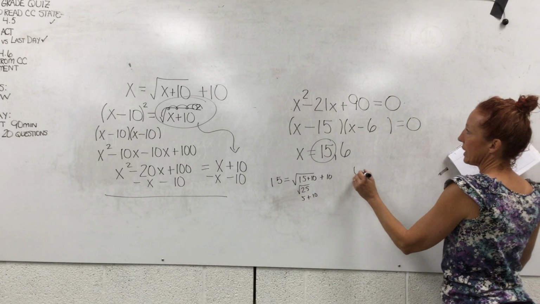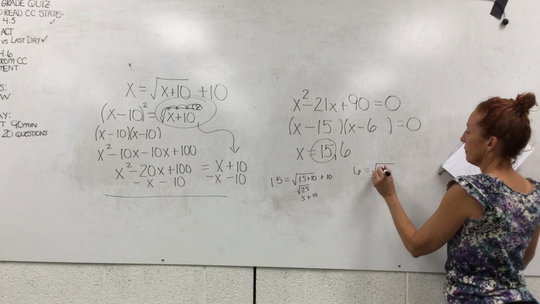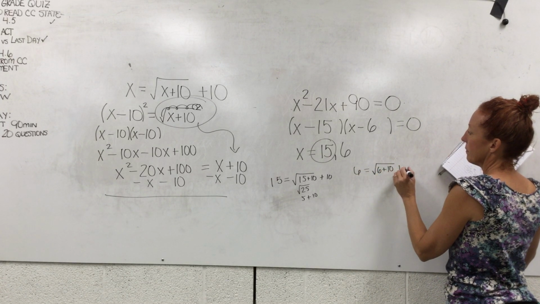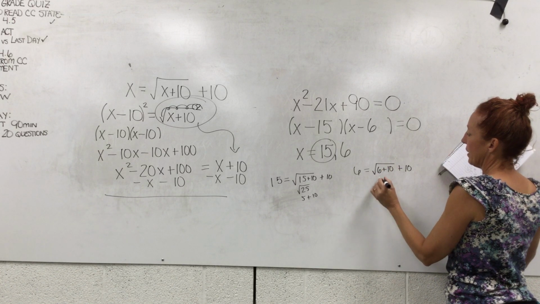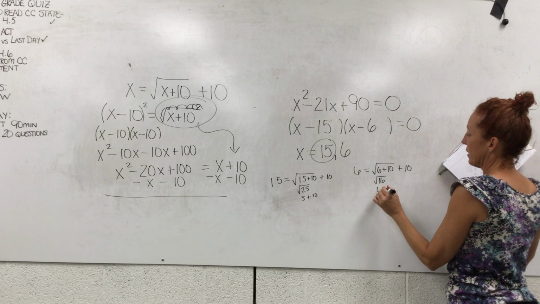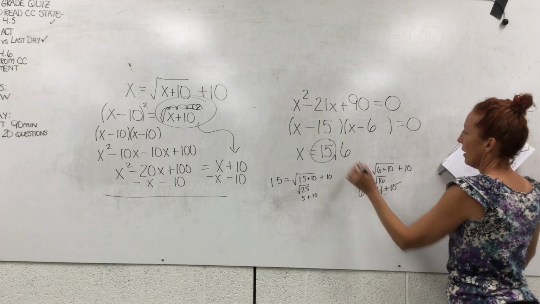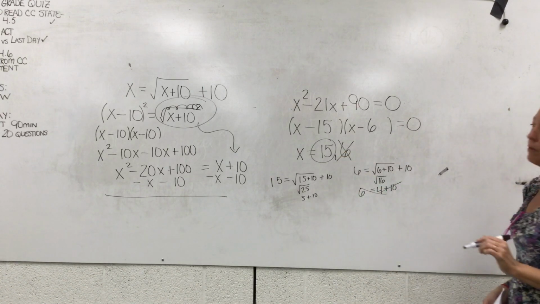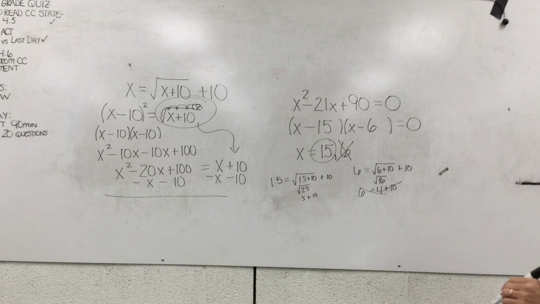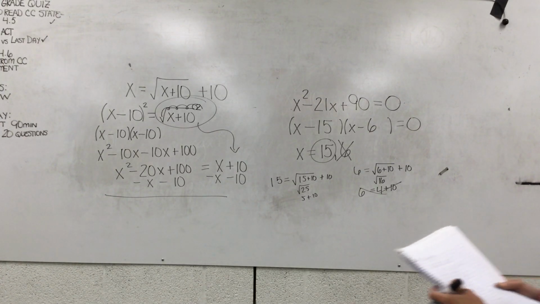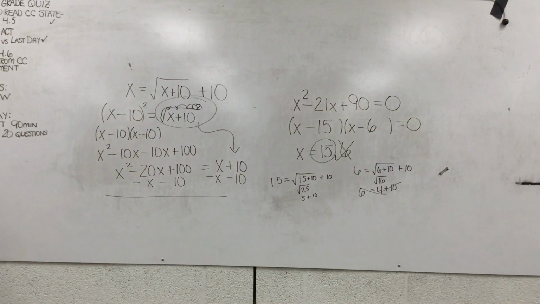If I check 6, so this is going to be 16. The square root of 16 is 4. So this is not going to check. And so that one we throw out. So there's your first one to try. And now let's try one with a double radical.